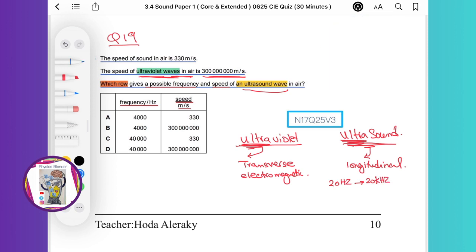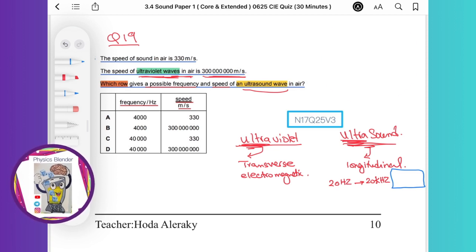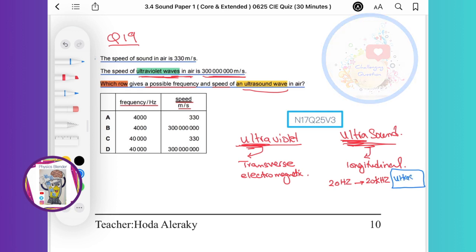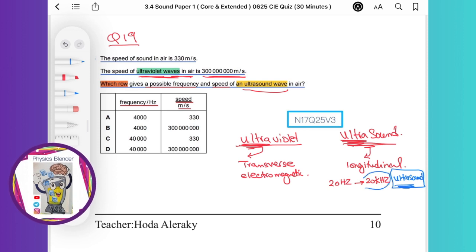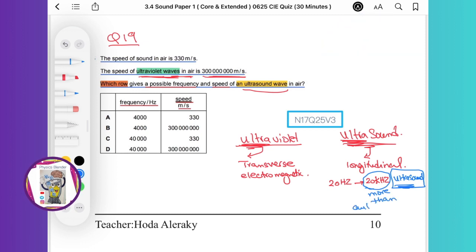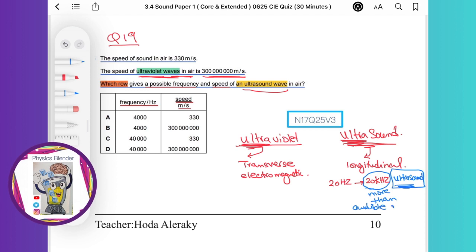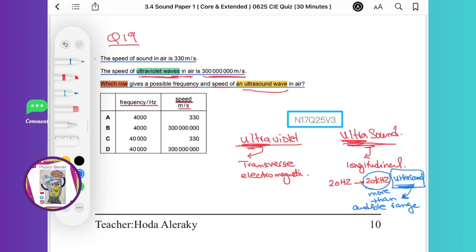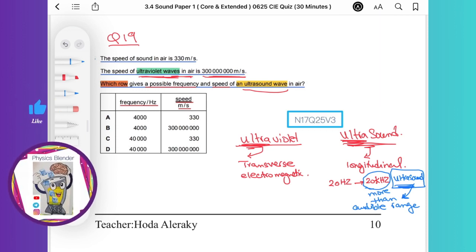So you can find ultrasound in the range which exceeds 20 kilohertz, more than the audible hearing range. But still it has the same speed of sound.